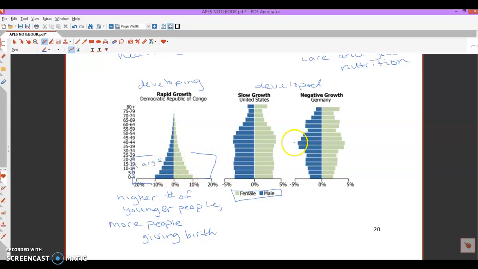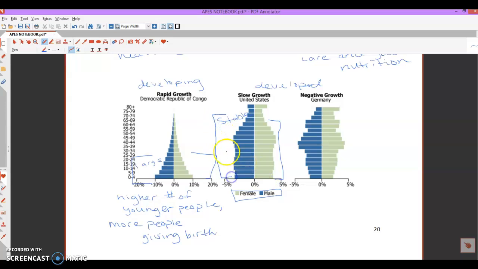Now we have the United States, and then we have Germany. There is a difference between these two. They are both developed countries, but there is a difference. The United States, we say, has slow growth. This is also going to be stable growth. You can see there is a pretty even distribution among the age groups until you get to about this point right here.